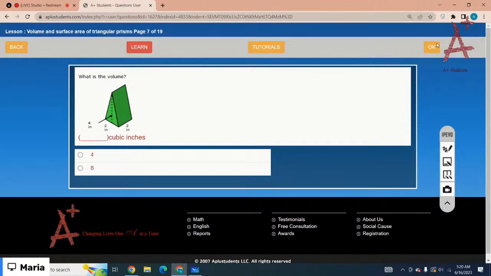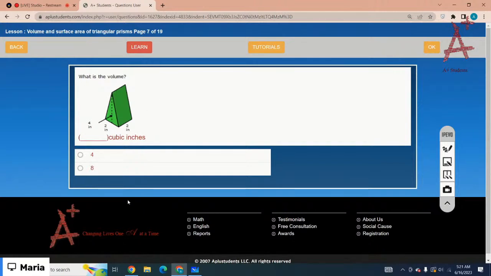Then 16 divided by 2 is 8. So the correct option is 8. So it would be 8.